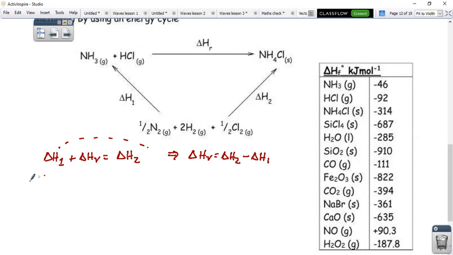Right. So next step then, I would say delta HR is equal to, well, if I look at delta H2, it's dealing with the enthalpy of formation of what? Of ammonium chloride. So delta HF of NH4Cl minus delta HF of, now this time we're looking at this route here.